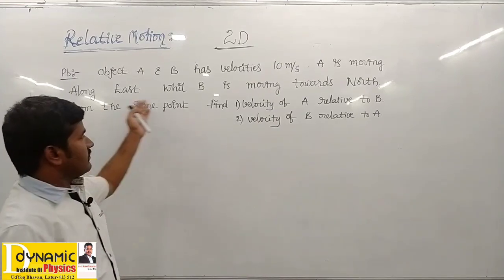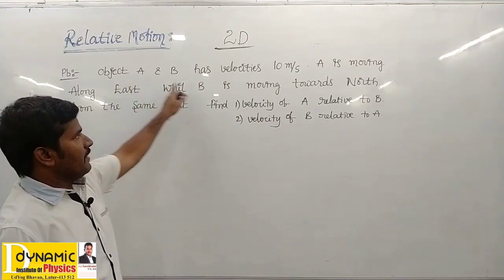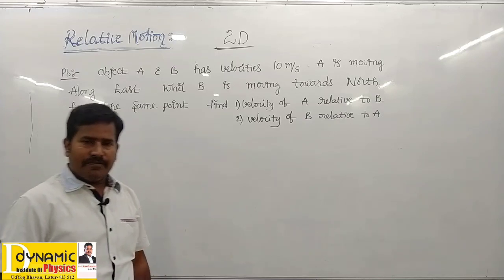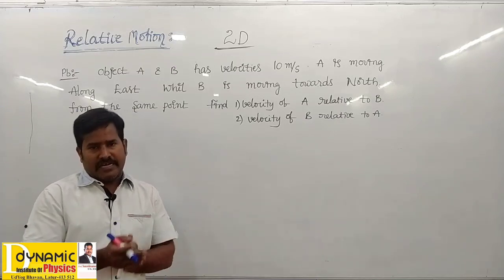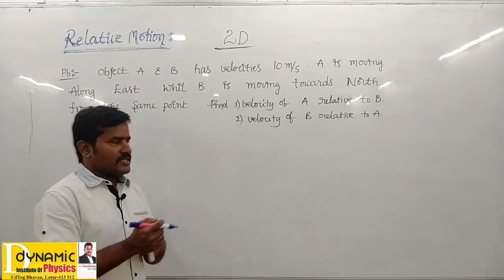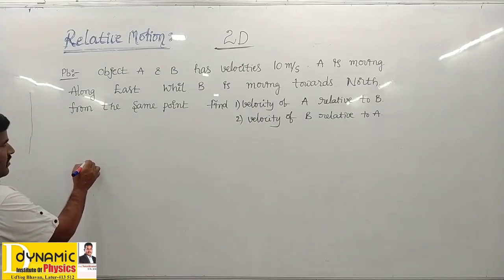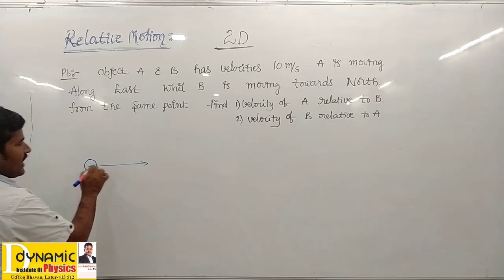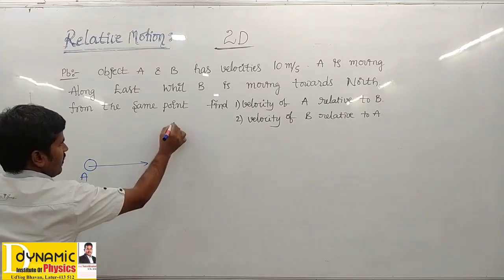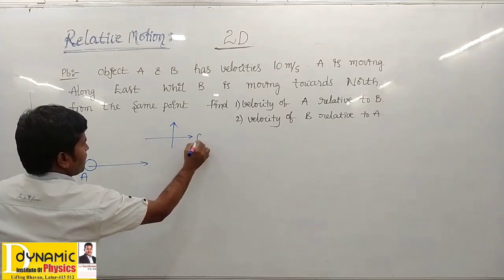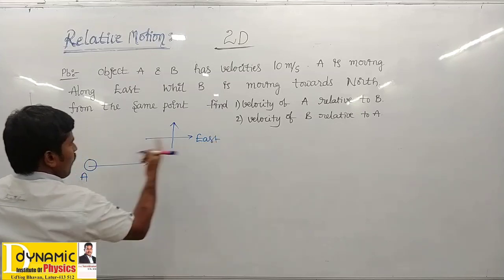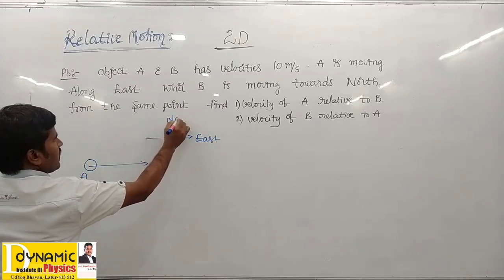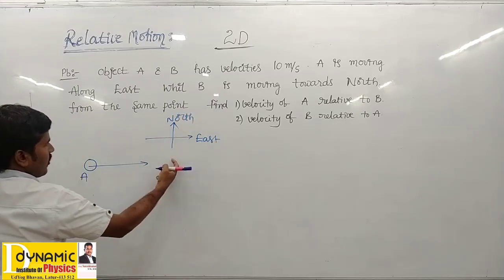Okay, in this problem, A and B are two objects moving in two different directions with the same speed. One object, A, is moving along the east direction. In geometrical directions, this is east, west, this is north and this is south.